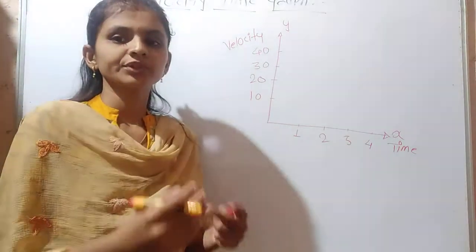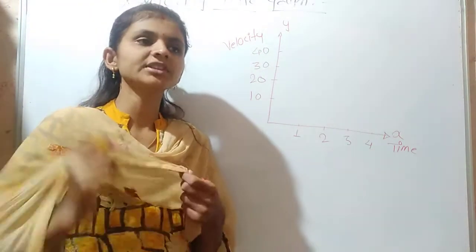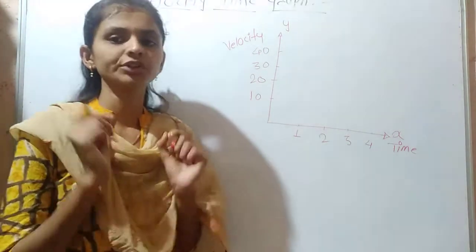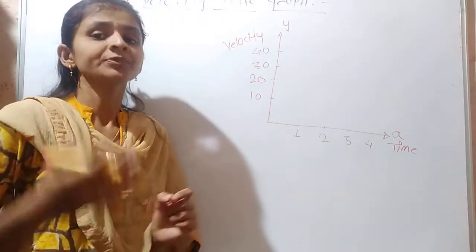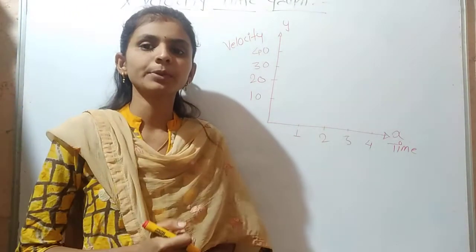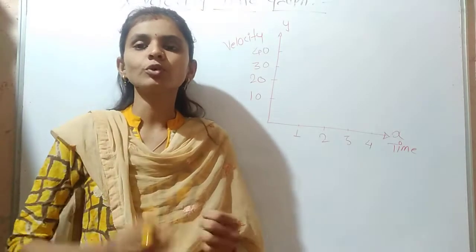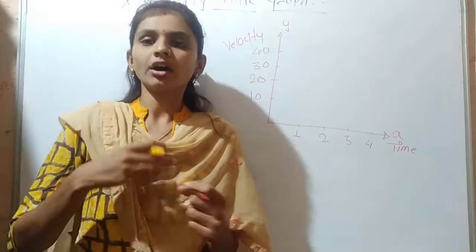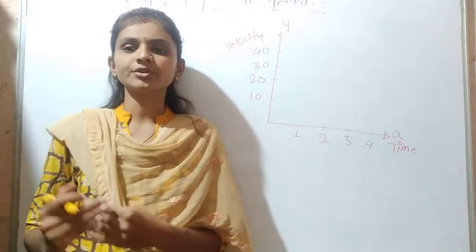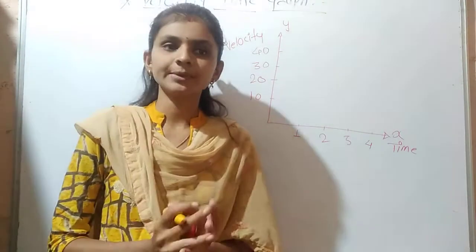Let us discuss one example. Suppose one object is moving with 40 km per hour, and the velocity is the same at any instant. Only the time intervals change. For each and every time interval the velocity is the same.